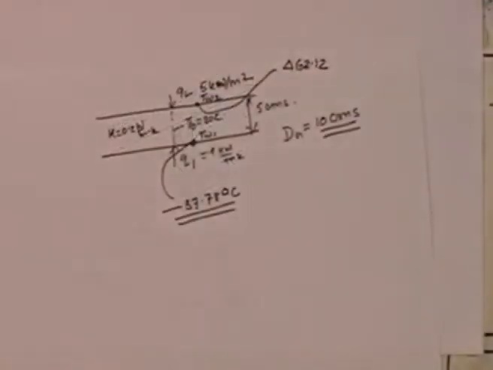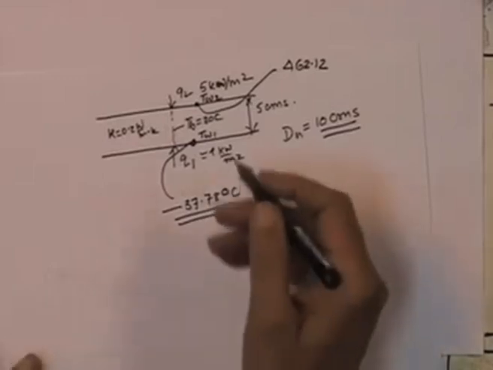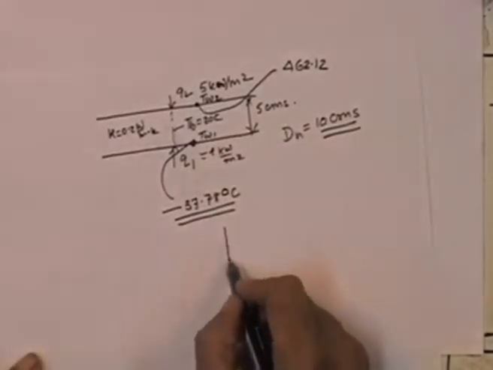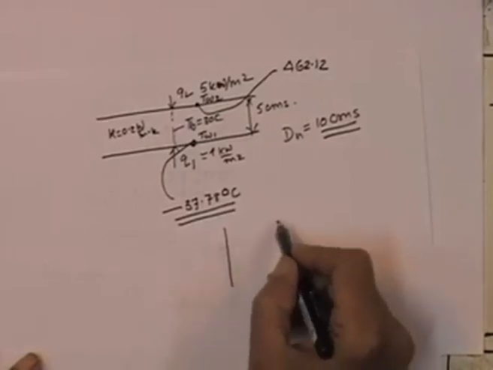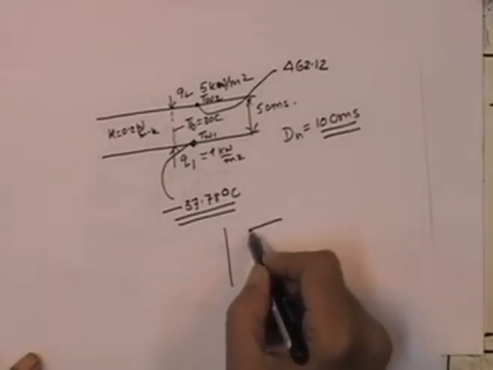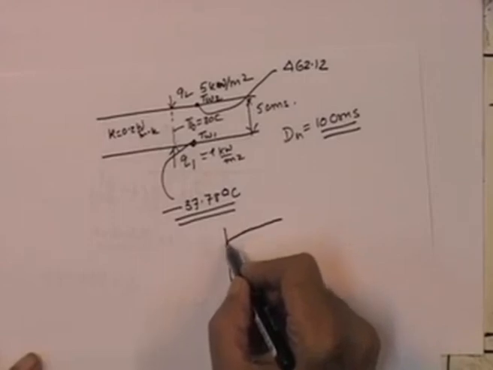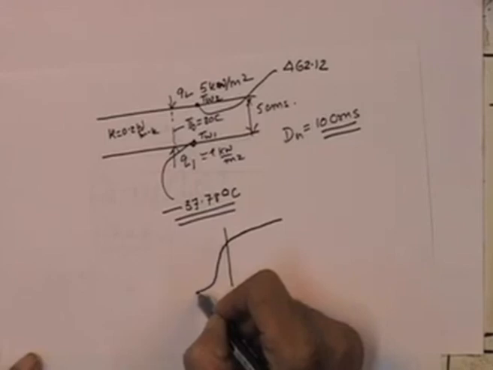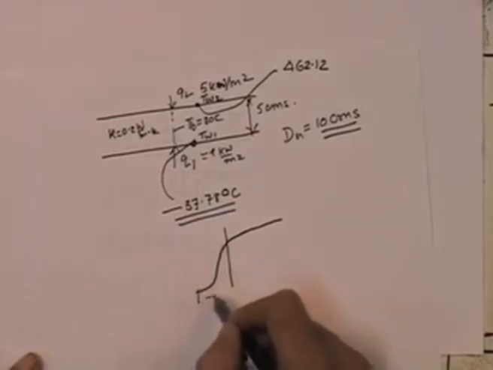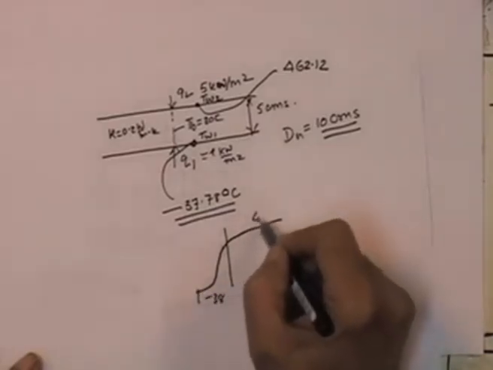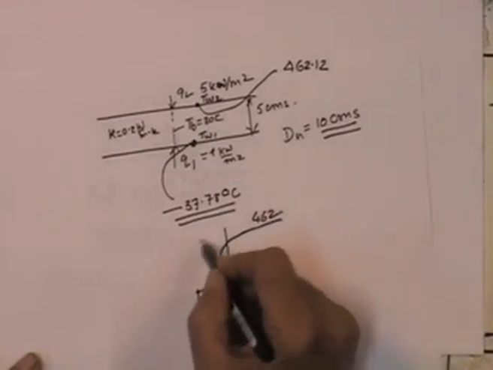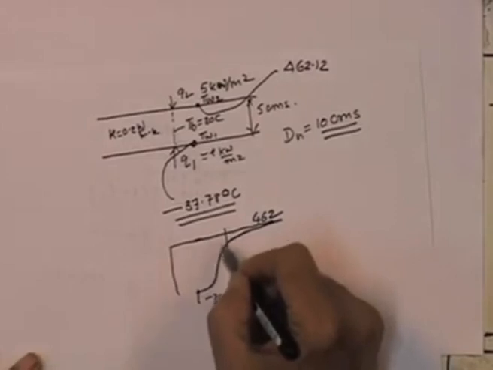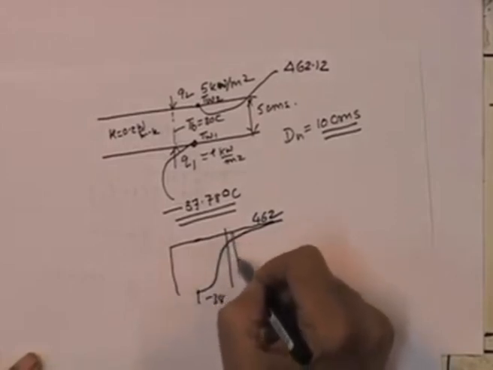You can see what a great temperature difference there is. So basically you have a situation where there is a very high temperature on this side and a very low temperature on this side: minus 38 here, 462 here, and the average temperature is 30 degrees centigrade.